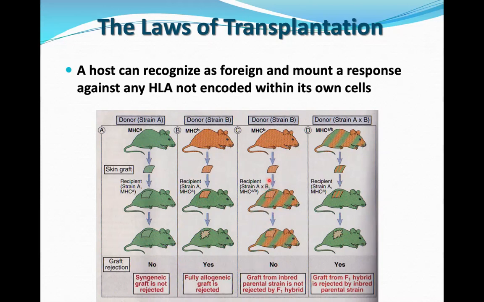But if you do this the other way around, where you try to transplant the hybrid A and B into a single genotype strain A, that recipient strain A is seeing these foreign B HLAs and attacking. So you're getting rejection. In this way, this is how we devised what are known as the rules of transplantation.